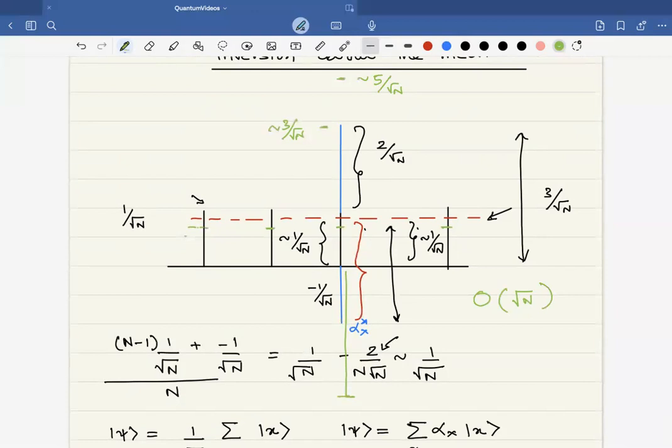When the amplitude becomes too high, then the mean of all the elements can go negative, can go over here, and then instead of amplifying, it can actually stunt. So one has to be careful to stop the iterations after an appropriate number of times. But this is another way of looking at Grover's search.